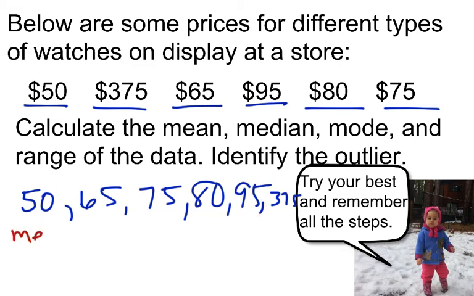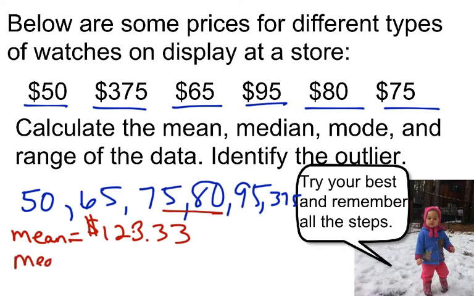So my mean is $123.33. Now I need my median, or the middle number. In this case, I have 2 numbers in the middle. So I add them together, 75 plus 80, and divide them by 2, which is $77.50.